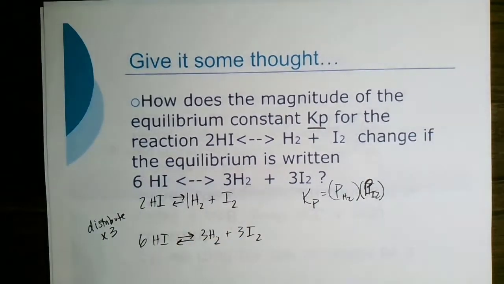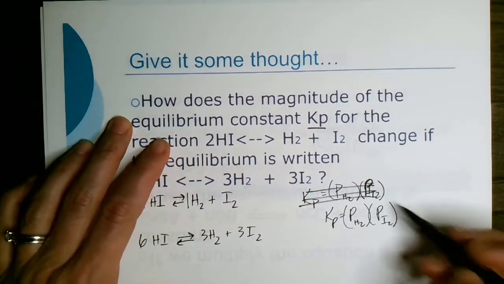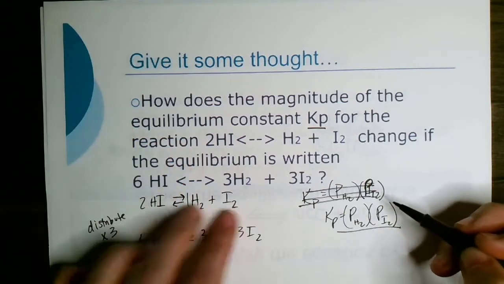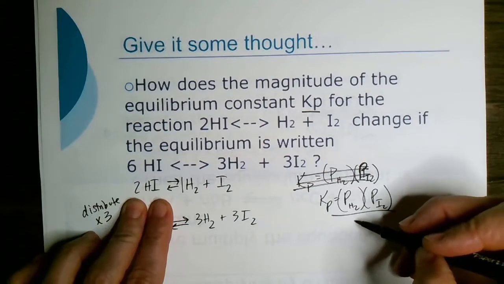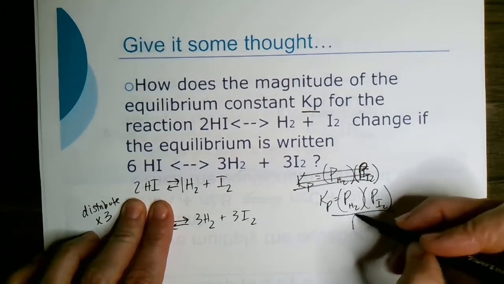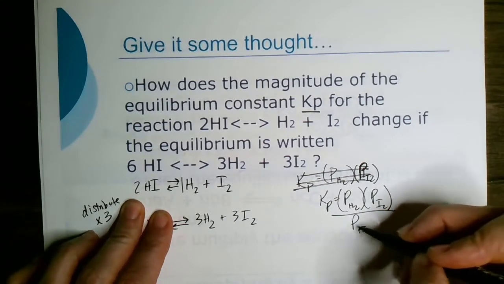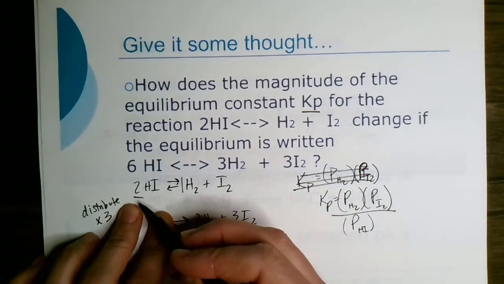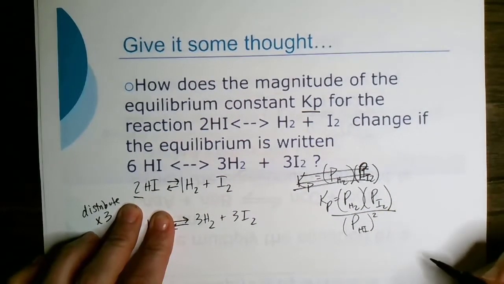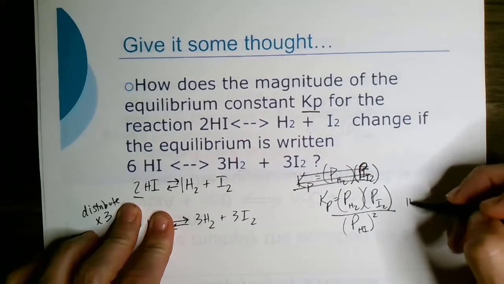Oh, shoot. Goodness, I'm just going to scratch that up. There we go. So there's my products over my reactants. So I would have the partial pressure of HI, that is to the second power. So this is my initial.